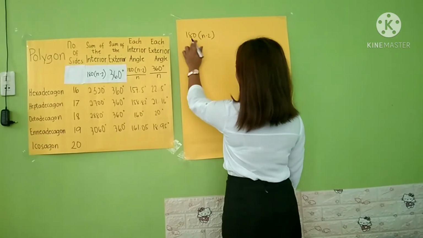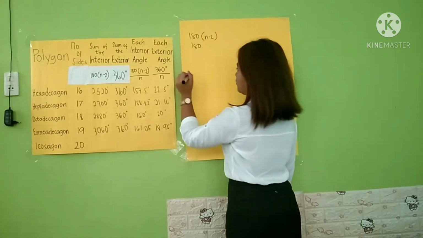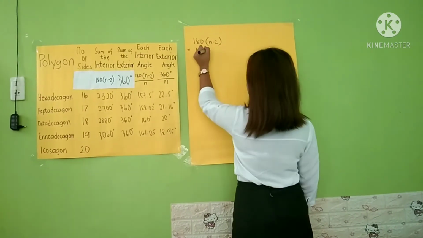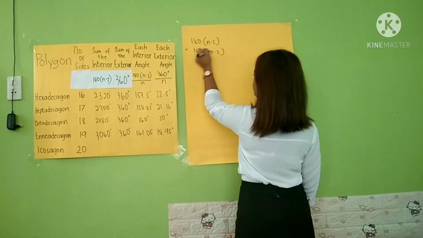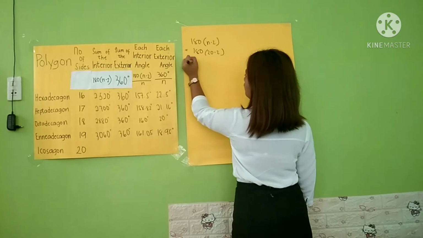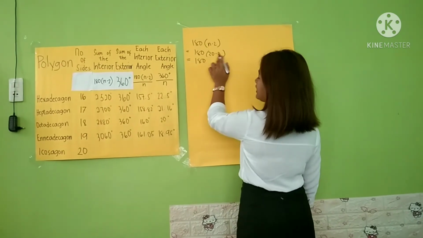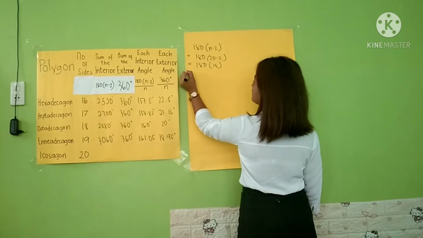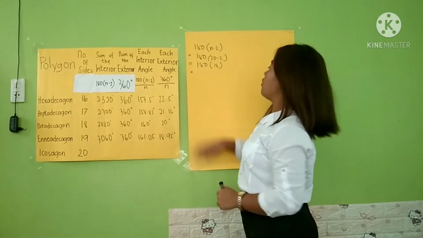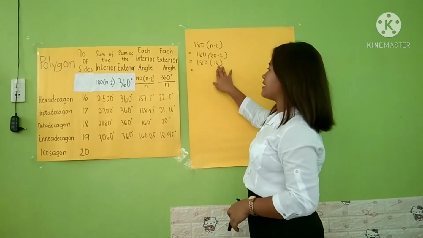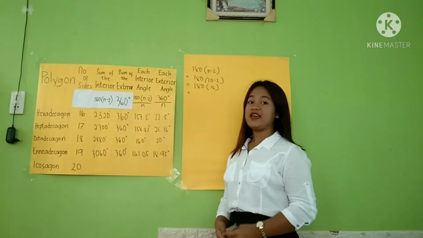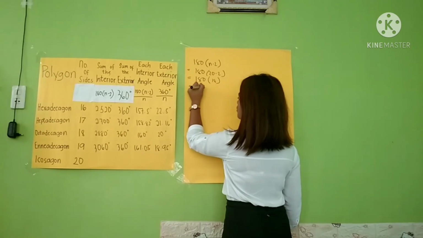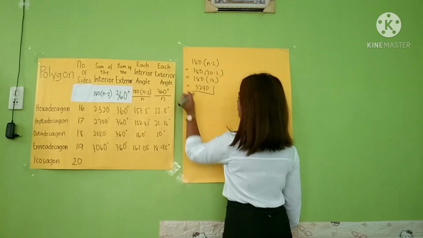Always bring down 180. n is the number of sides, which is 20, minus 2. 20 minus 2 is 18. 180 times 18 is 3,240.